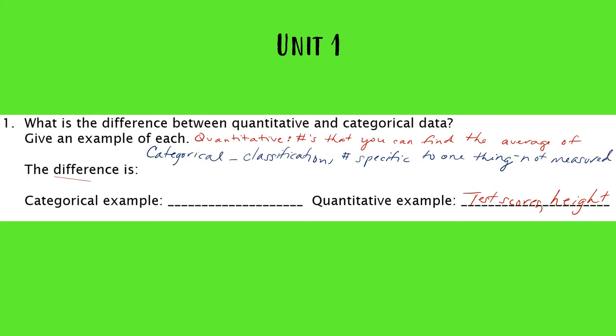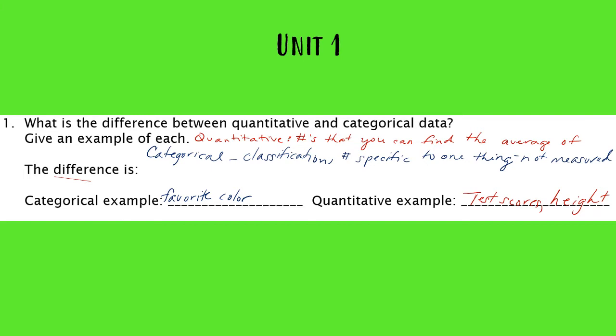What I mean by classification is it's something that defines something. Like favorite color would be an example of categorical. Your favorite color would be red, blue, green, black, yellow, white, orange, whatever color it is. Those would all be examples of categorical data.